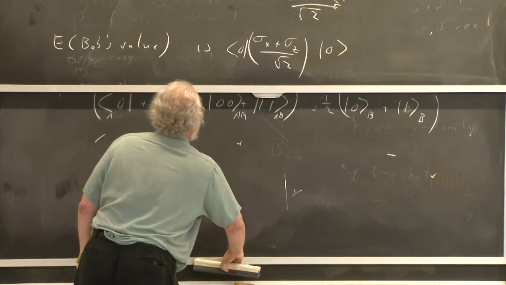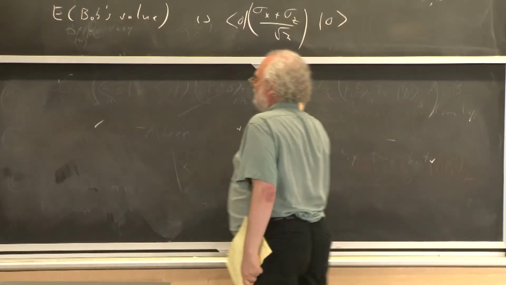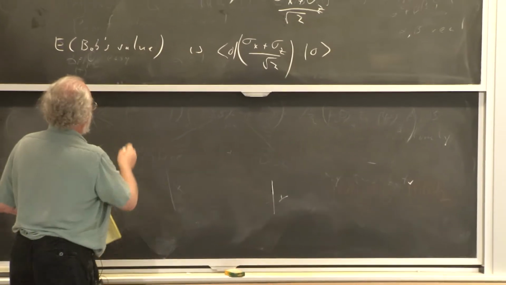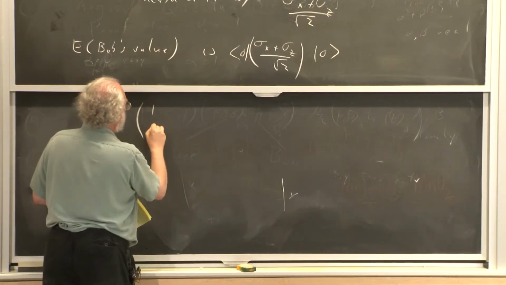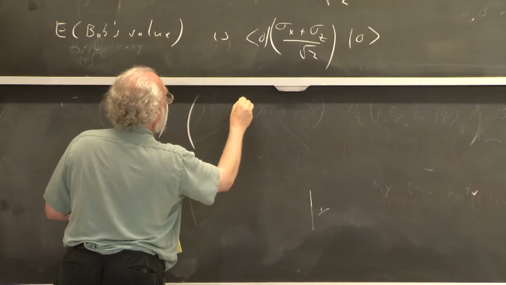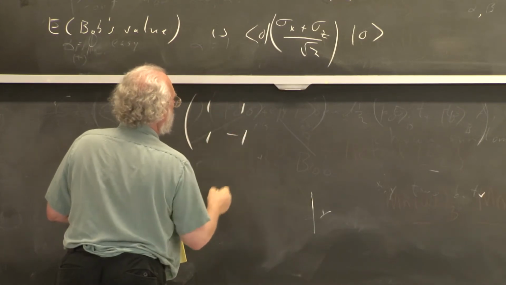Okay, we can compute that. So how do we compute that? Well, it's just 1, 0, that's 0, 1, 1, 1, minus 1.